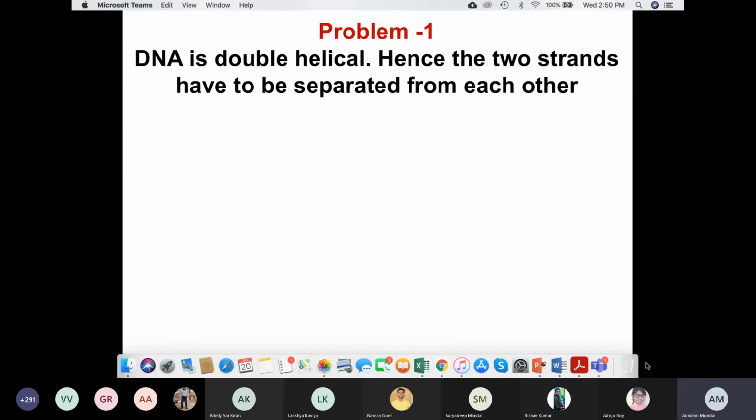But rather than just memorizing these individual steps, I would like to present the DNA replication process in terms of the problems that nature has faced while designing this particular technique.